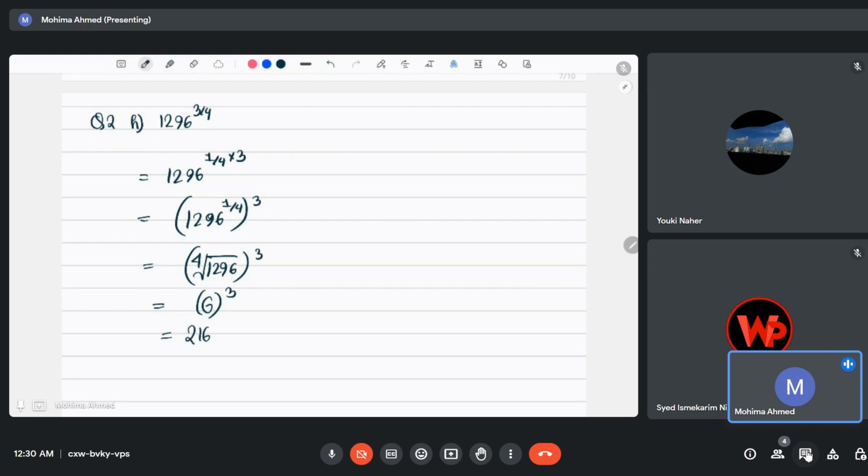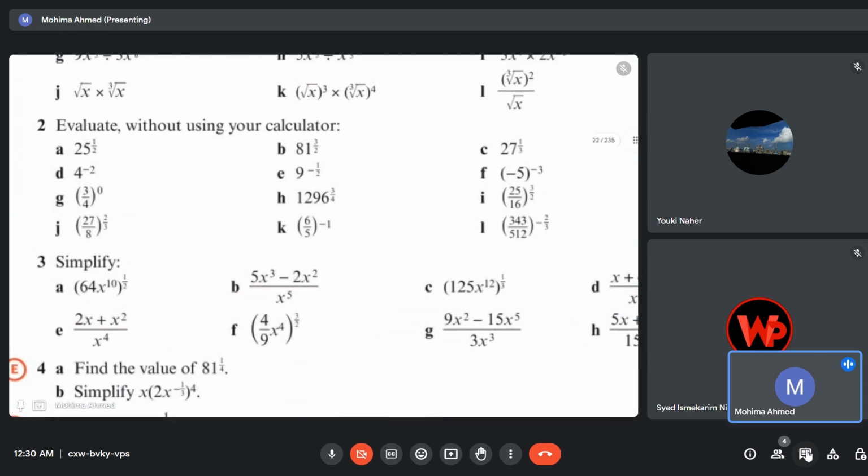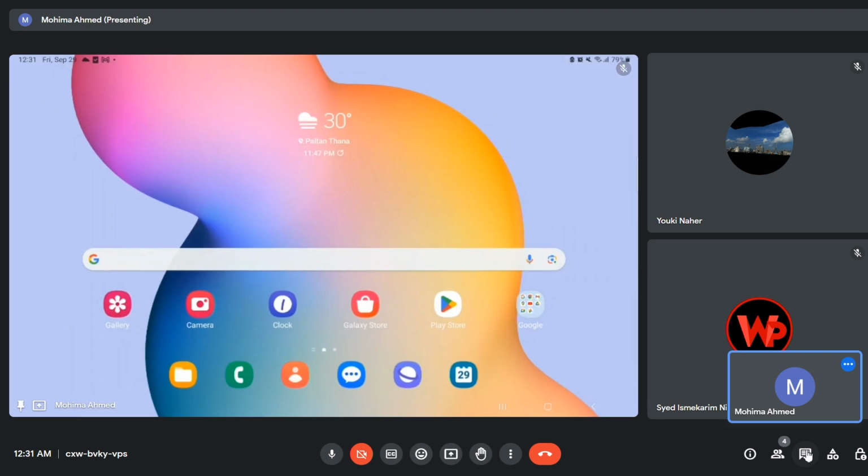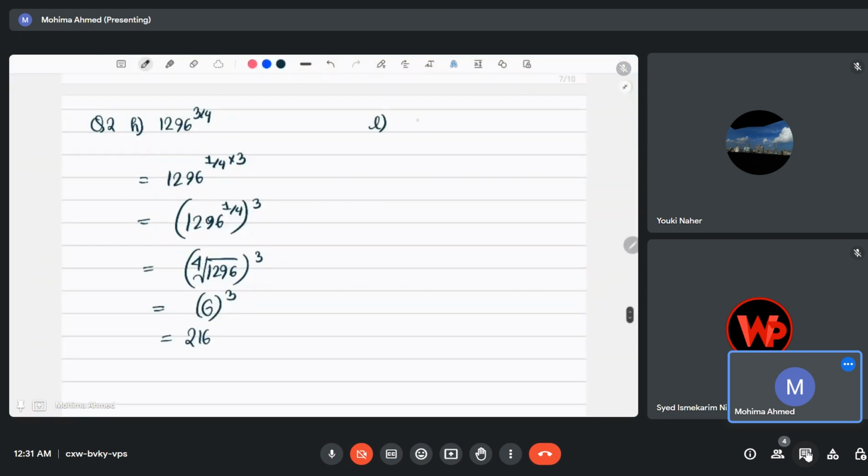Similar to this, we have another fraction, question L: 343 over 512 with a power of minus 2 by 3. As the overall fraction has a whole power, both the numbers will have the power.